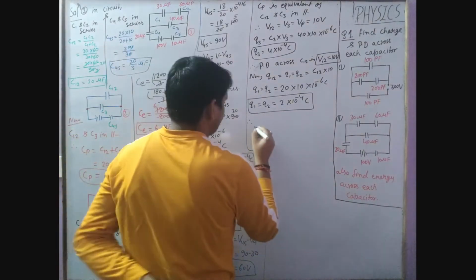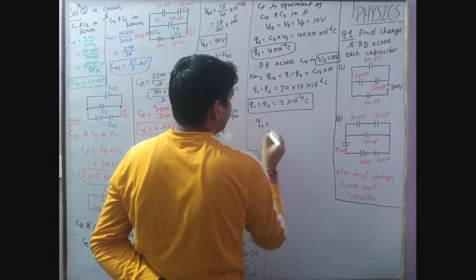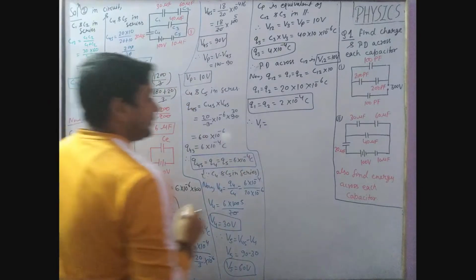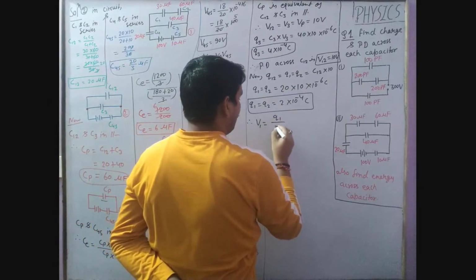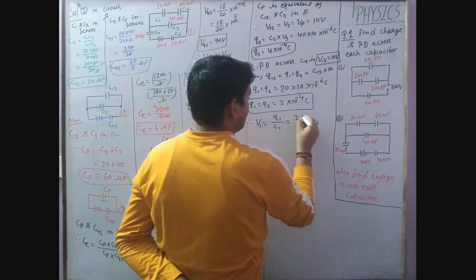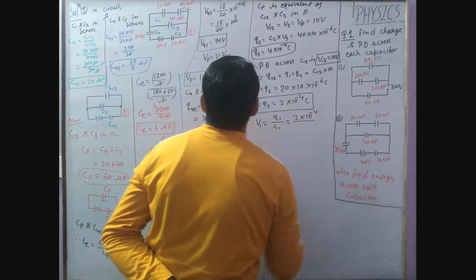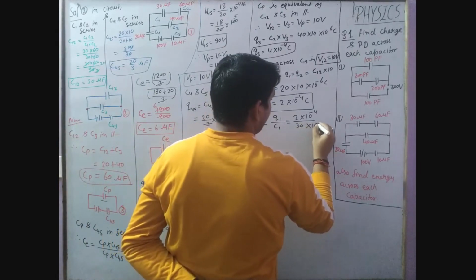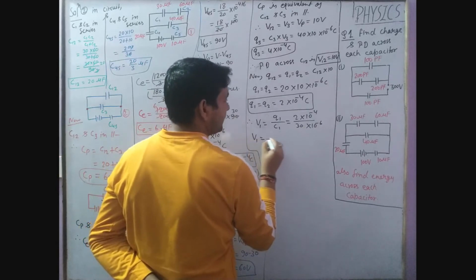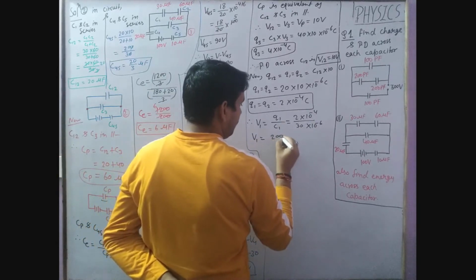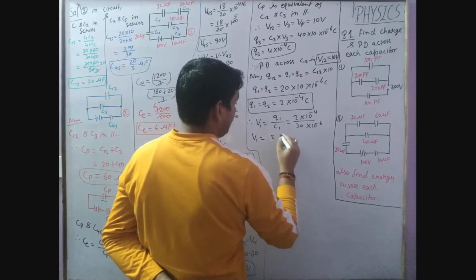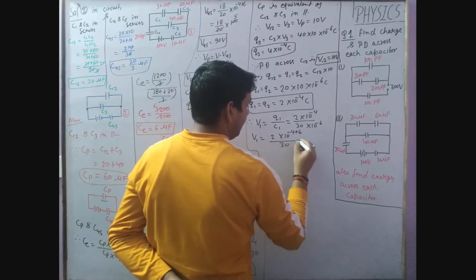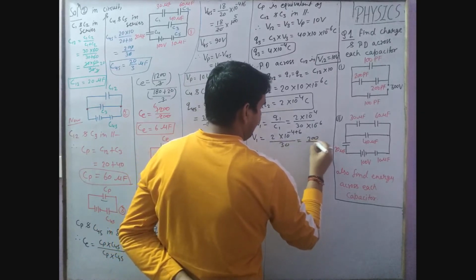Now Q1 is C1, the potential difference across the capacitance C1 is Q1 upon C1, which is 2 into 10 to the power minus 4 upon 30 into 10 to the power minus 6, that is V1 is equal to 2 into 10 to the power minus 4 plus 6 upon 30, which is 200 upon 30.